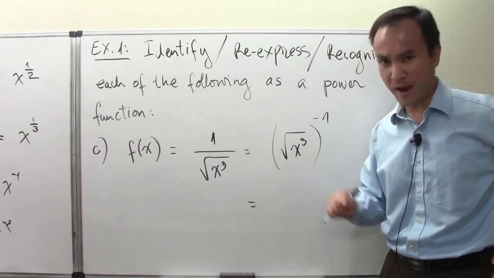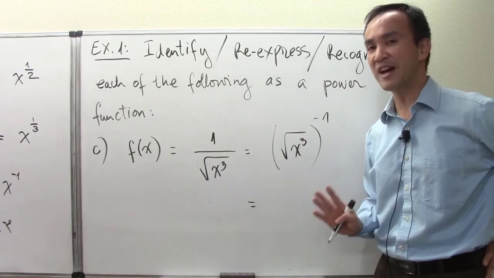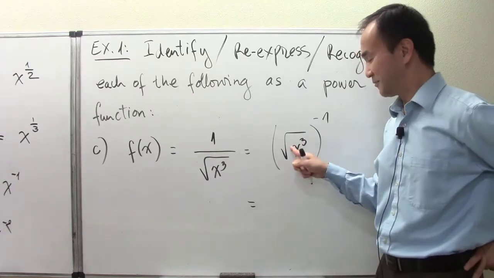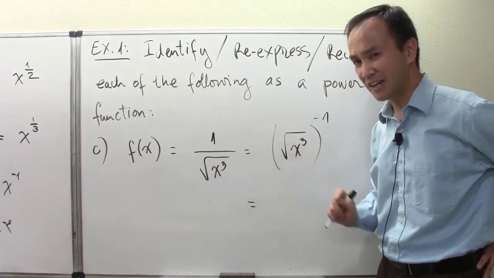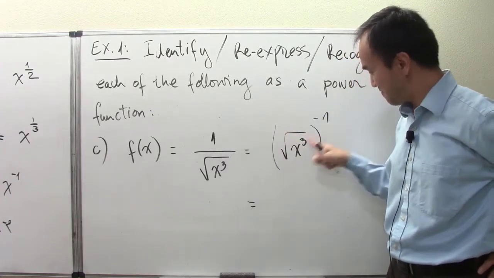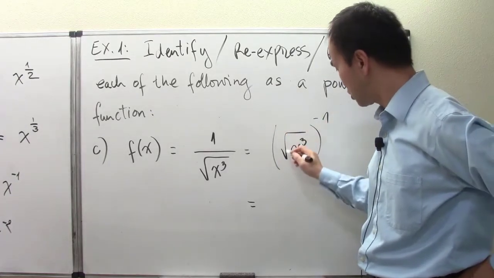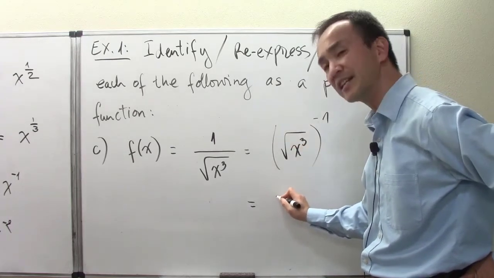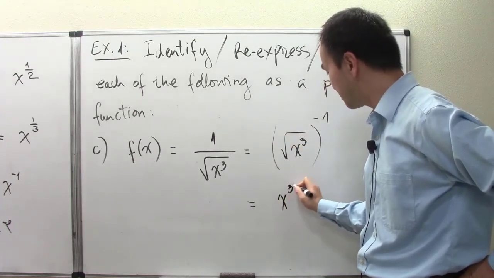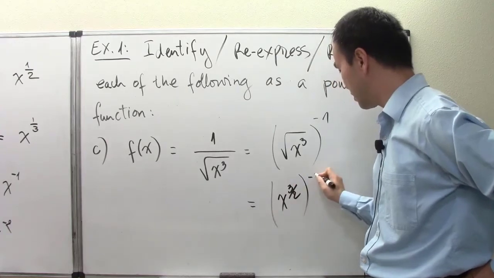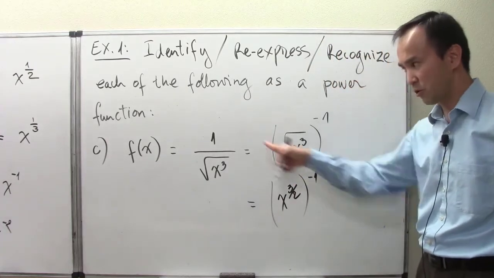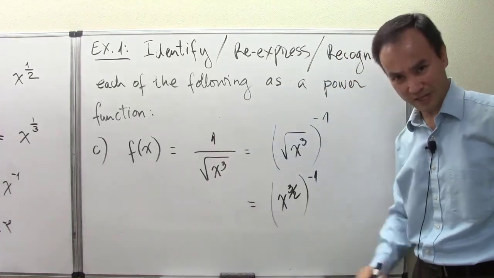Feel free to roll back on the video to see what we have done in terms of handling roots and then having power inside of root. So now, completely inside of this -1 power, I see this square root of x cubed is recognized as x to the 3/2 power. And then the whole idea is that we're taking the reciprocal, because that's what a 1 over all that is.